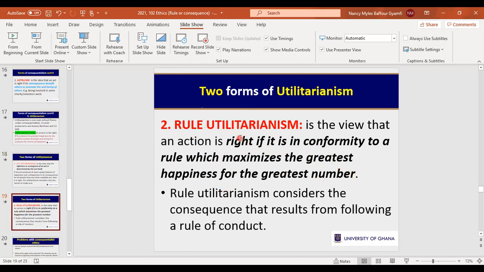So the rule utilitarian is not necessarily looking only at the act itself, but it's looking at the rule undergirding that act, the rule that grounds that action, which yielded greatest good for the greatest number. So it is still consequentialist, except that it doesn't focus on that specific act, but the rule that underlies the act. Rule utilitarianism considers the consequence that results from following a rule of conduct.